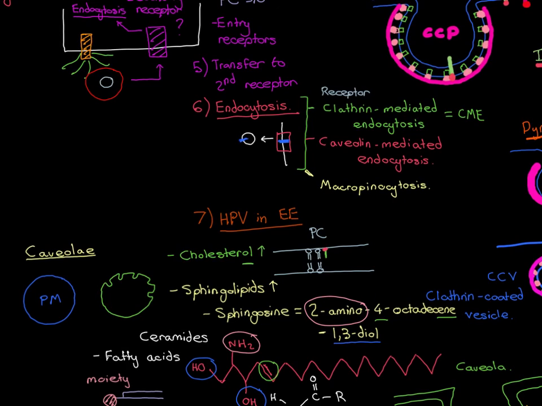But overall, if the virus is going to use caveolin-mediated endocytosis to get into the endocytic pathway, the secondary receptor with the virus bound to it must either already be in the caveolae, or it must localize to the caveolae once the virus has bound to it, or once the caveola decides that it wants to be endocytosed, and then it will end up in the early endosome, just as it would if it was going through the clathrin-mediated endocytosis pathway.